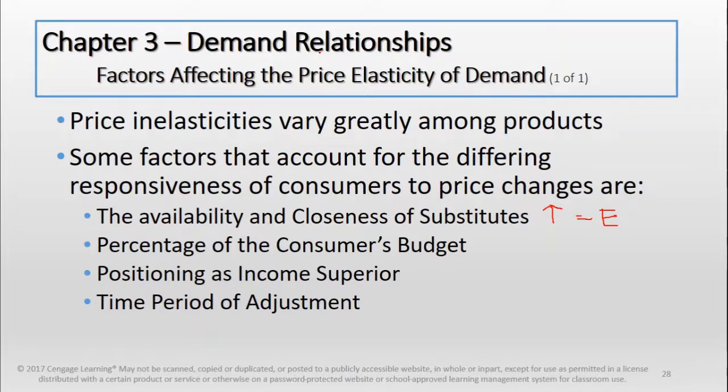Next is the positioning as income superior. So, how a product is positioned to the target customers has much to do with whether the release in purchasing power associated with a price discount will result in a substantial, moderate, or trivial increase in unit sales.